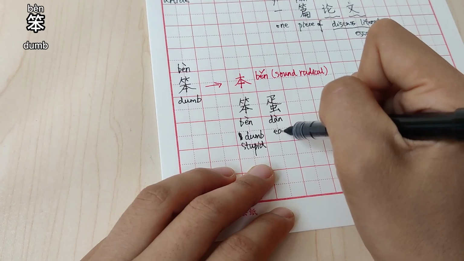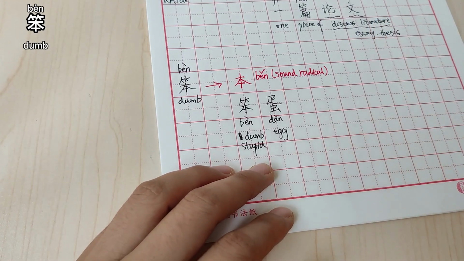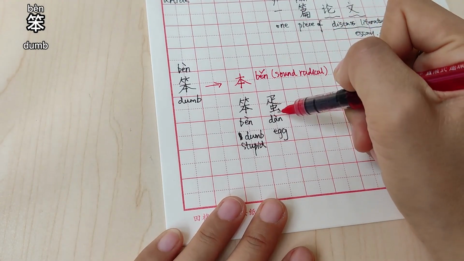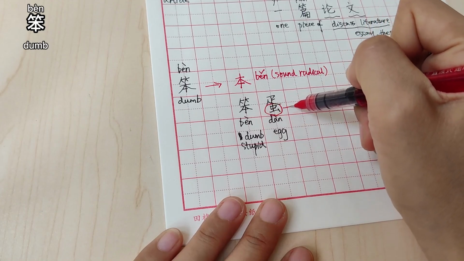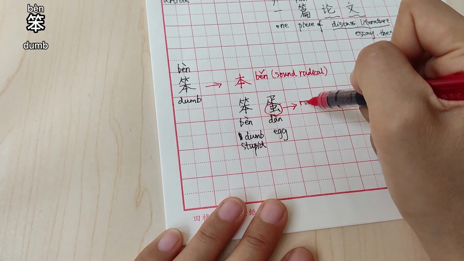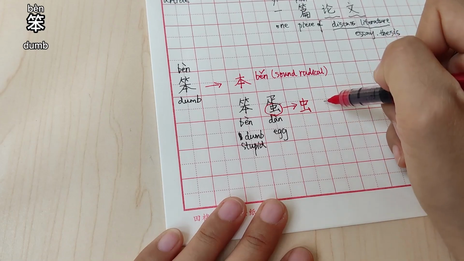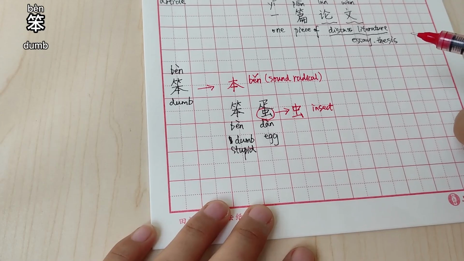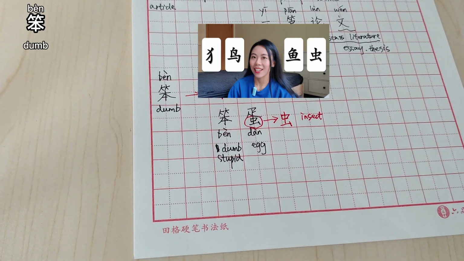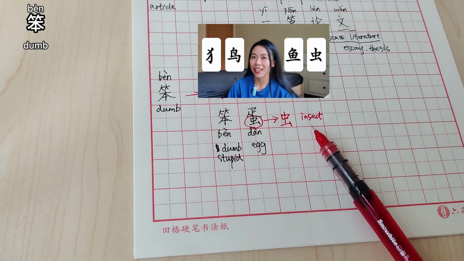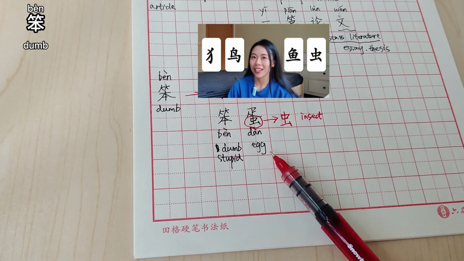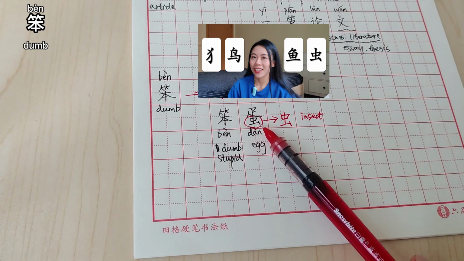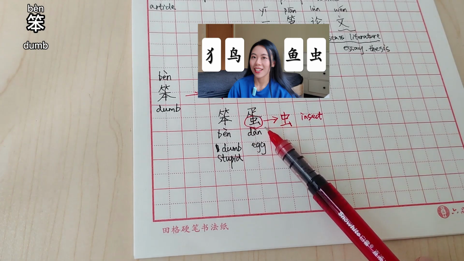Dan is the egg. Like we mentioned before, you can see at the bottom of the dan, it's an insect radical, as we mentioned in the animal radical part 2. In that video, we mentioned the insect radical because a lot of insects lay eggs. So that's why we have an insect radical in the egg.